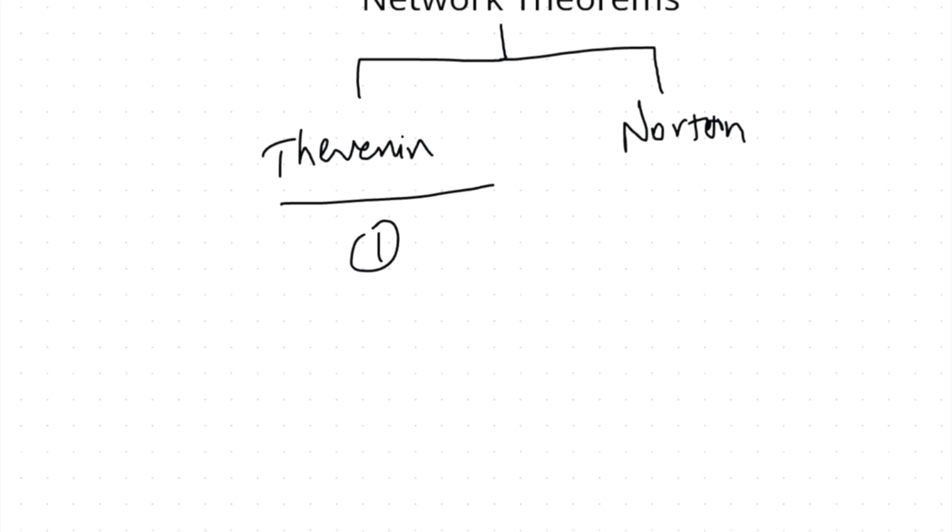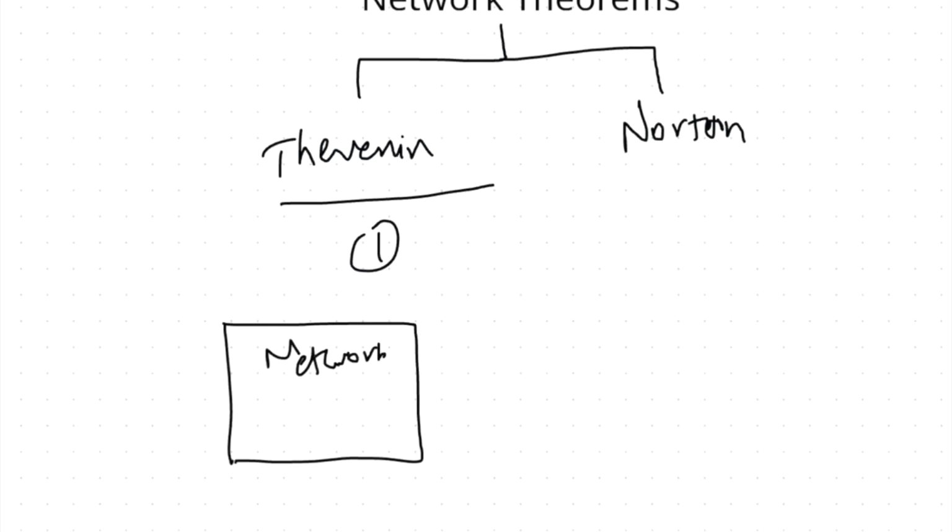So what this means is, let's say we have a complex linear network containing many R's or resistance and voltage sources. So all of this, right?